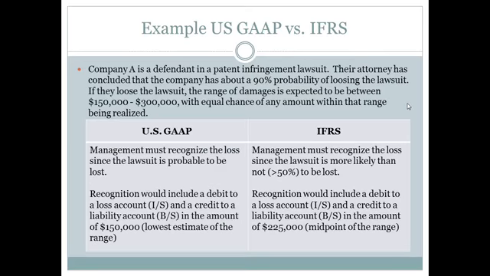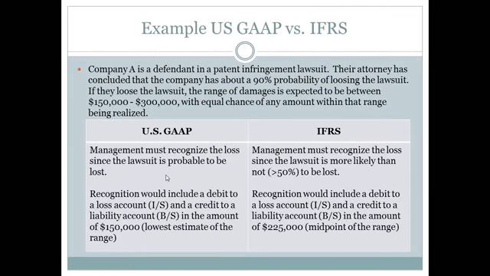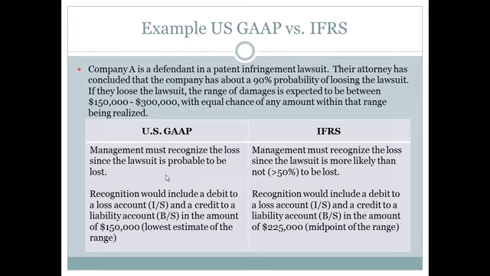Let's change it up a little bit and say we've got the same company, patent infringement lawsuit. However, notice that the probability of loss now is 90% of losing the lawsuit. And so the range is still the same, etc. At this point, we would probably have to conclude that it is a probable loss. 90% chance of losing this thing is pretty substantial.